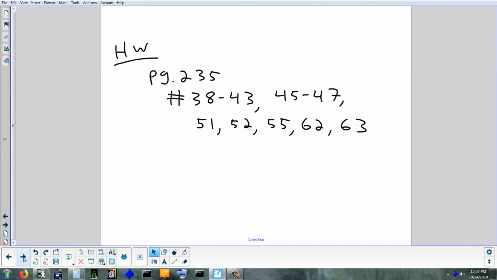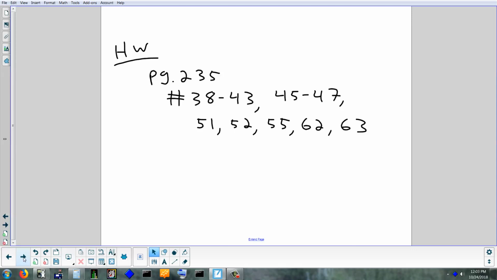Okay, so that's the homework for tonight. On page 235, 38 to 43, 45 to 47, and then 51, 52, 55, 62, and 63. Let's see.